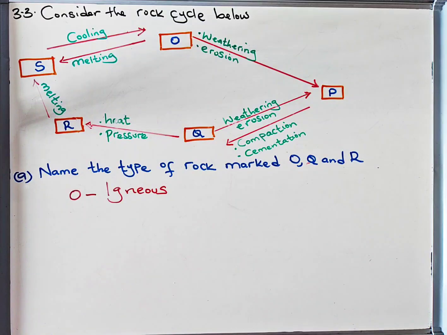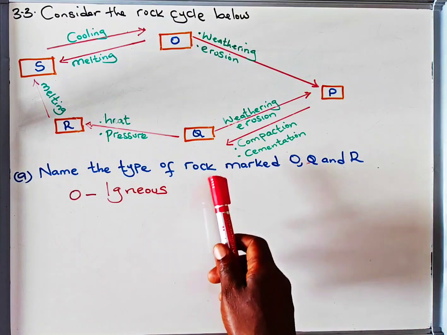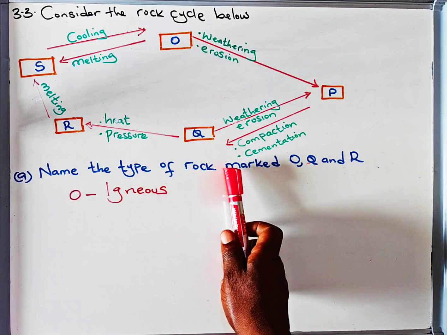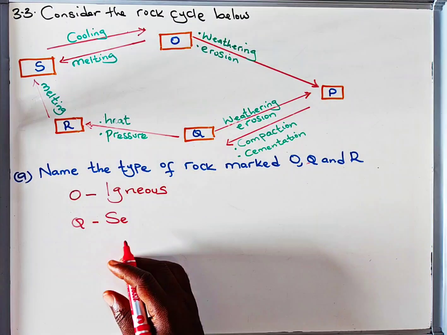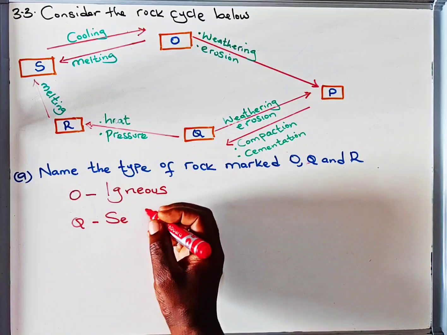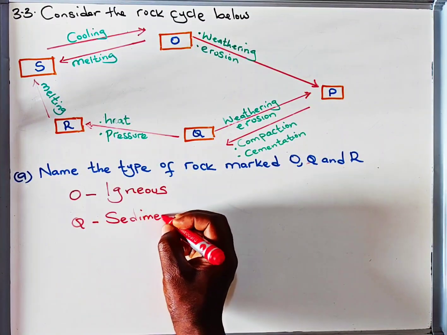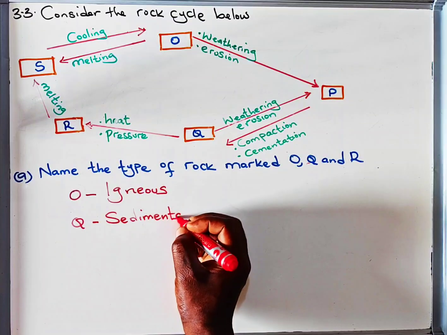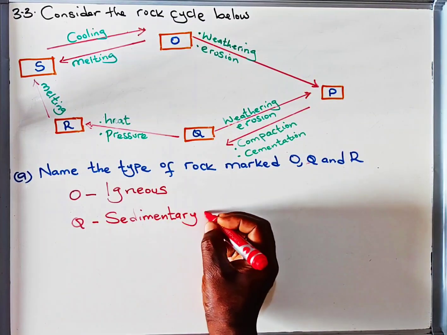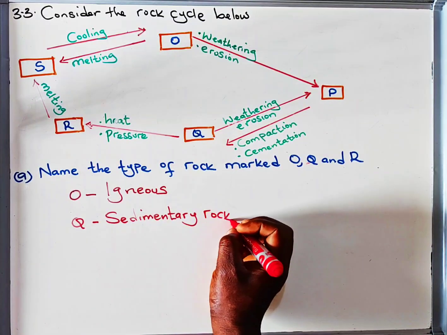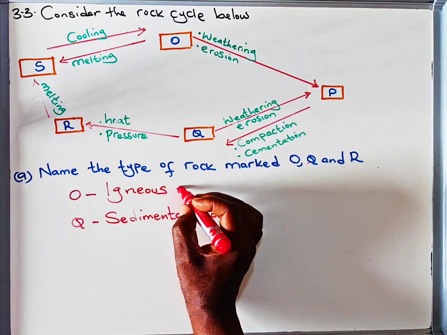Cementation is the binding of the particles to form a rock. So what type of rock is formed through that process? The type of rock is sedimentary rock.